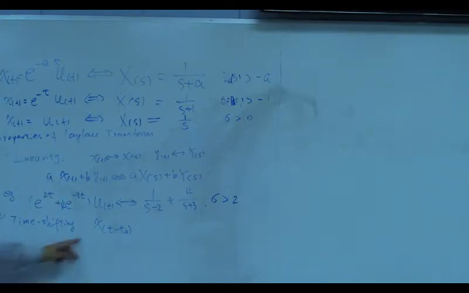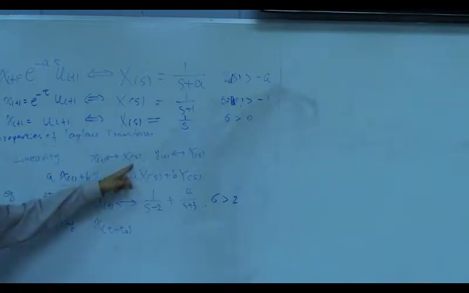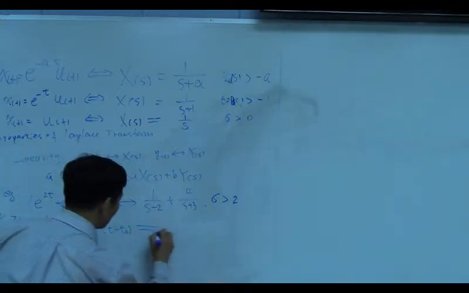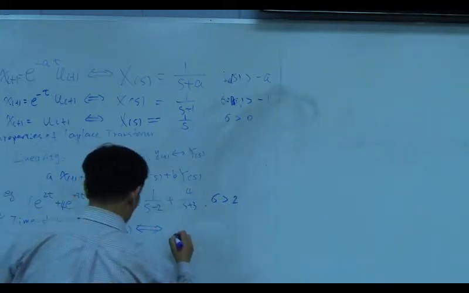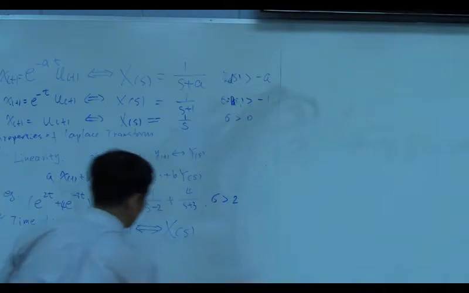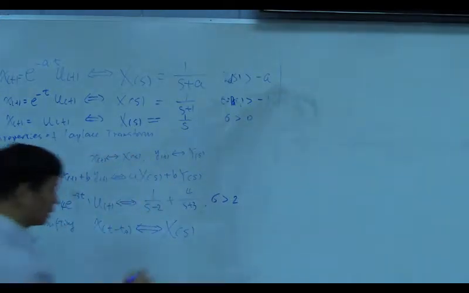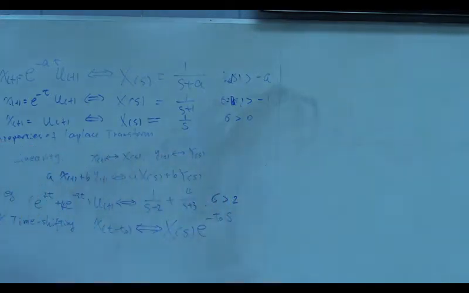Right? So xt gives us capital X. So this one shifted by some time, what is this? This one will give us the original one, but multiplied by e to the negative t sub 0 s.